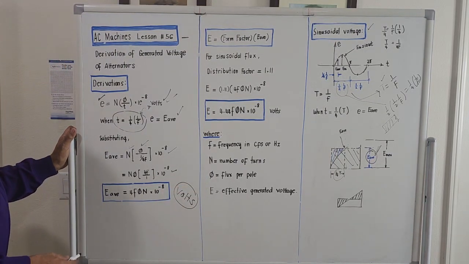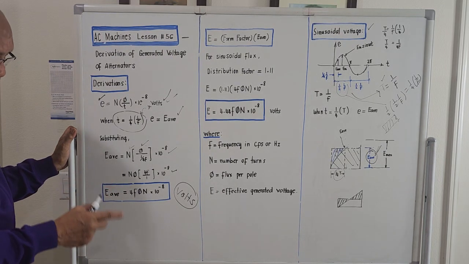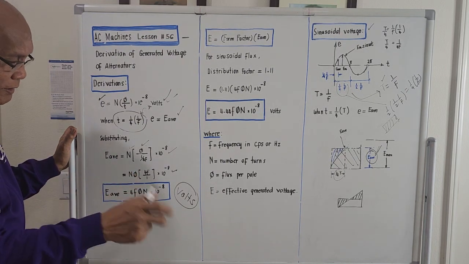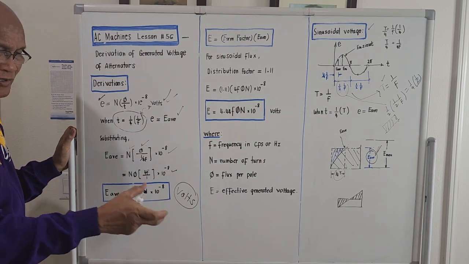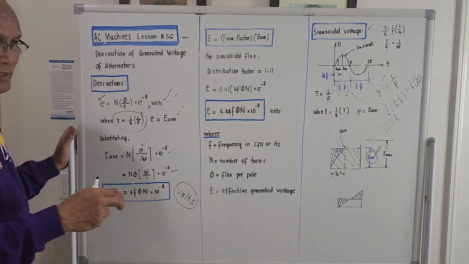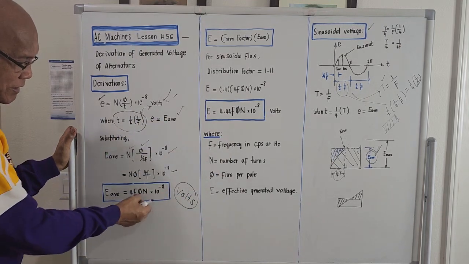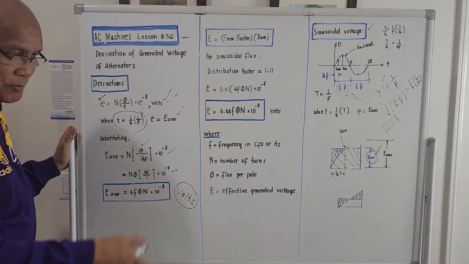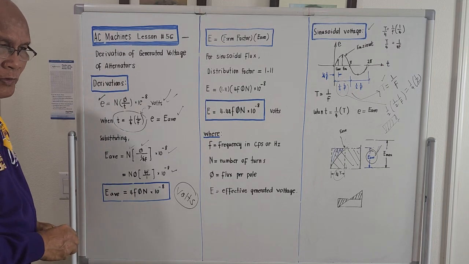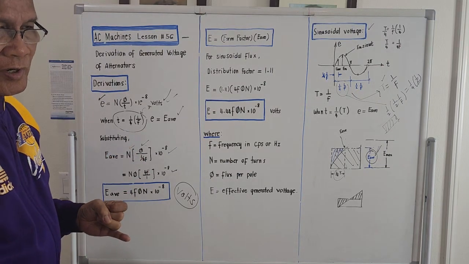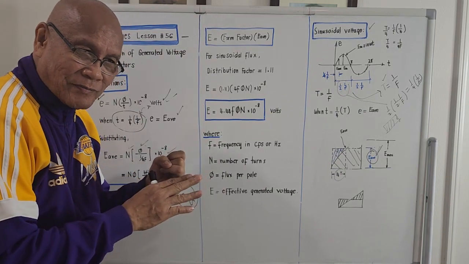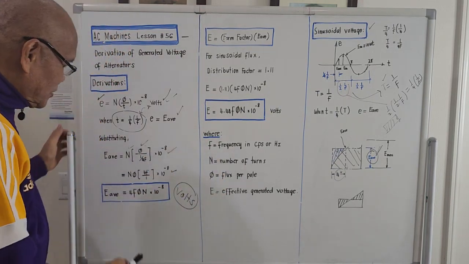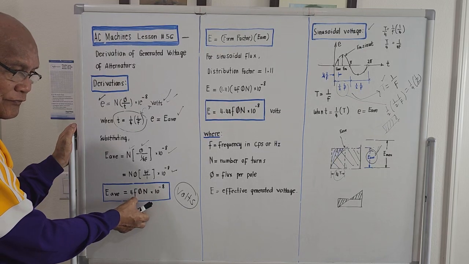So the parameters that control the average voltage generated by any alternator are the frequency, the flux, and the total number of turns. Flux is the magnetism; we need the flux to generate voltage. That's why I told you before, to generate voltage, there should be flux and turns. And this formula now includes frequency.